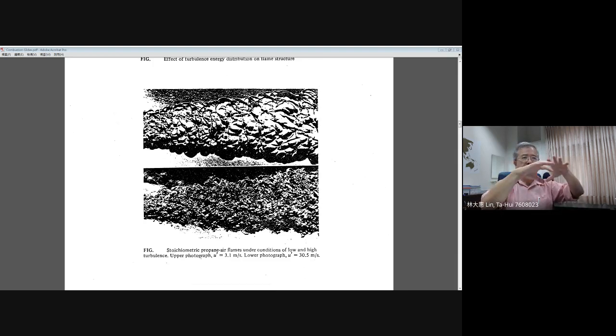The flame has some curvature, with different kinds of curvature mixed together. Those wrinkles or curvatures are basically influenced by the larger size turbulent eddies. But when you increase your velocity fluctuation up to 30.5 meters per second, a very strong turbulent intensity, the flame shape becomes roughened.